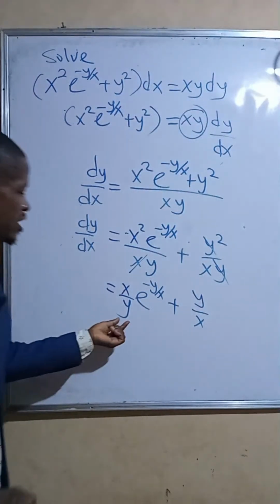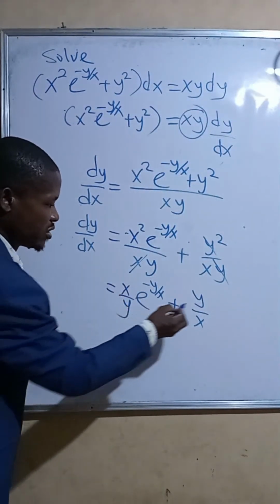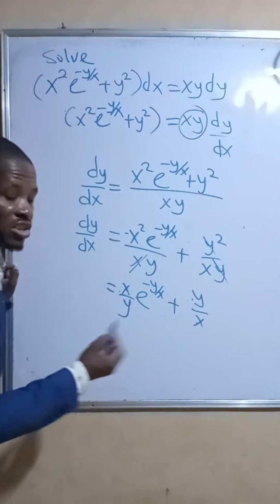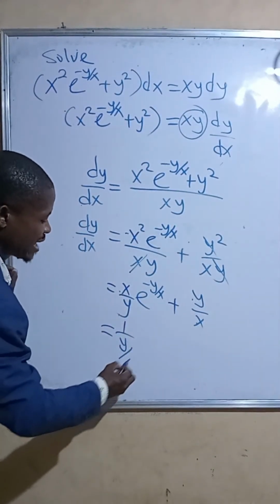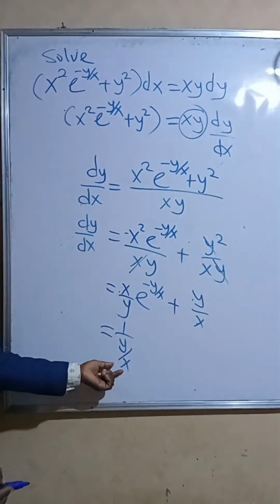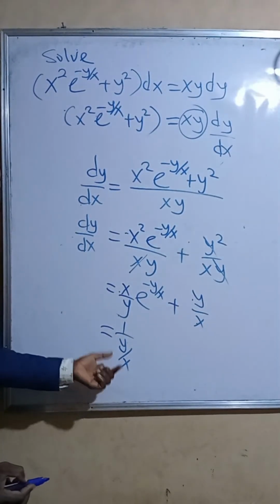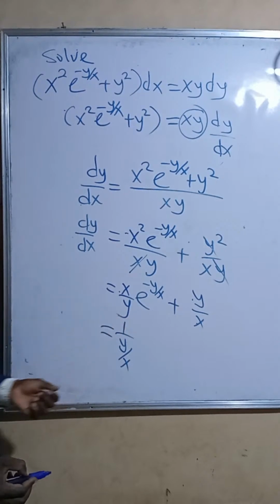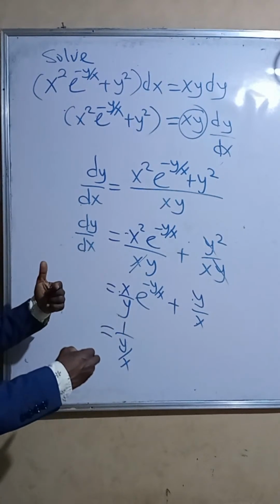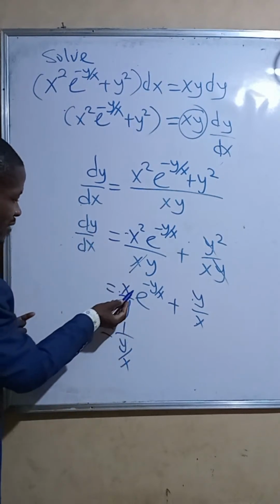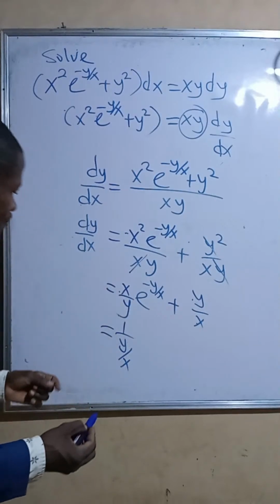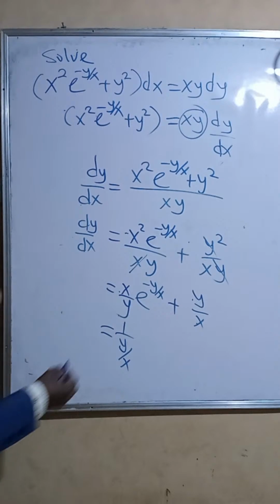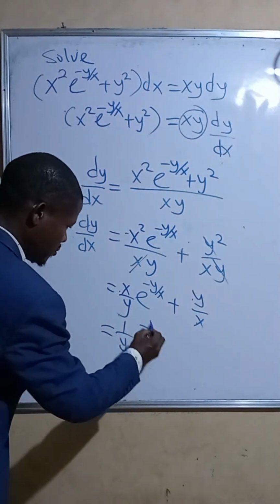So what we need to do here is just a little algebra on this y over x, this x over y, and that will be 1 over y over x. I've not changed anything. It's just algebra. If you reciprocate it and flip the fraction upside down, you're going to get the original expression.